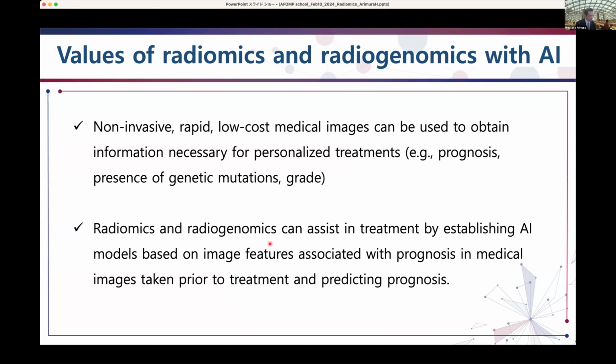Do you know pyradiomics? Anyway, you can use pyradiomics. It is not commercial software. I think so far we don't have commercial software of radiomics. It's just a research phase. So you can download the radiomics library from pyradiomics.